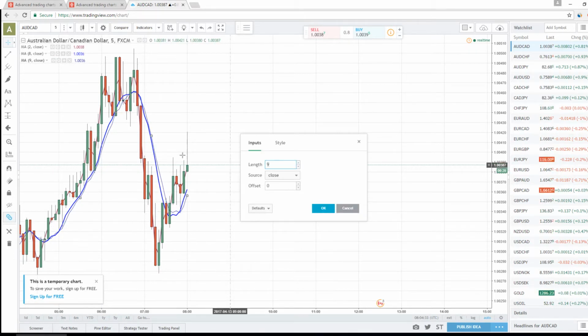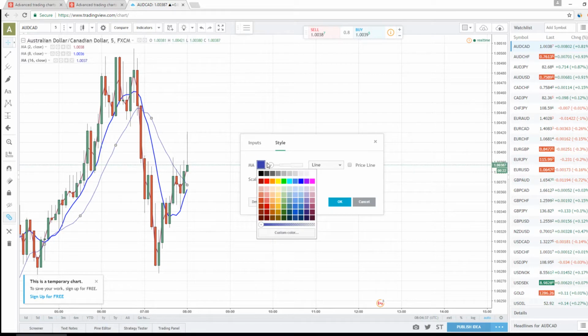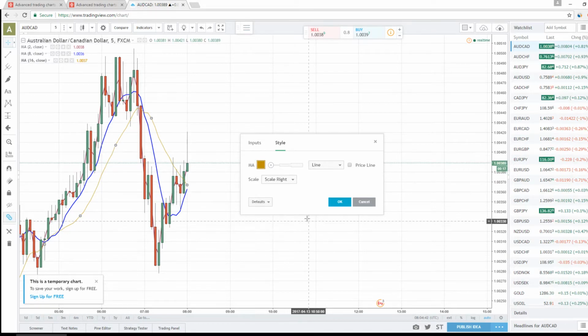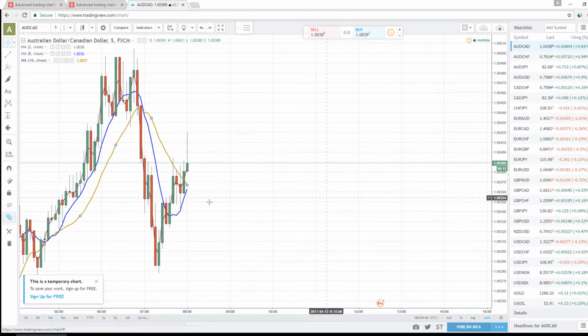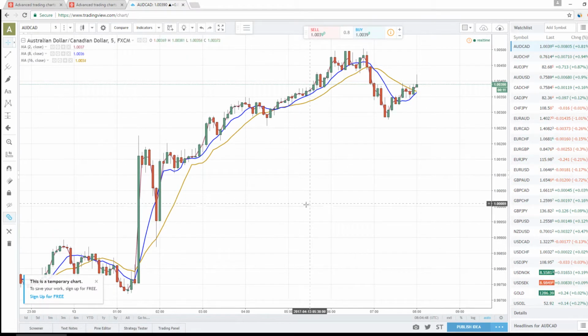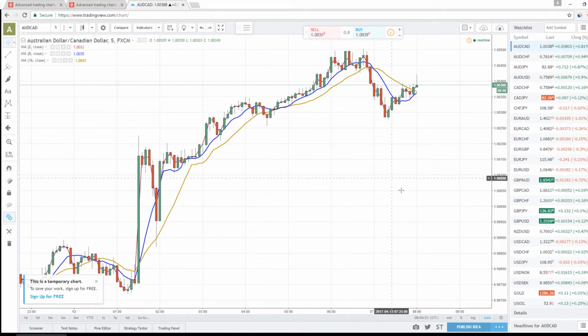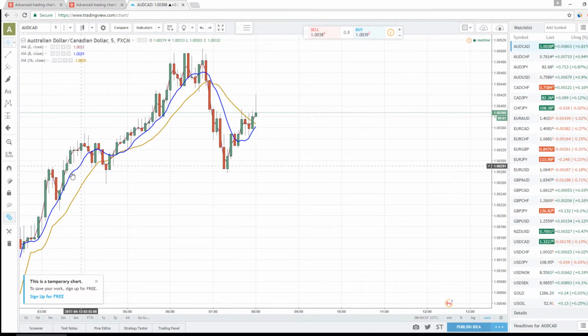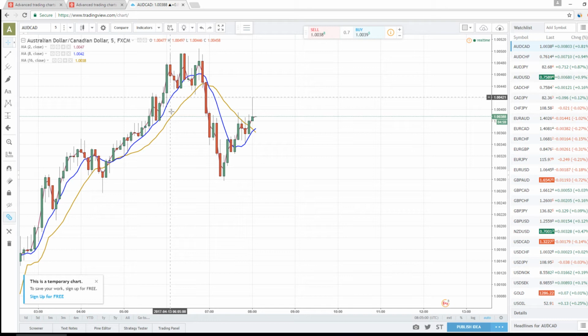And the last one, well, we use different lengths here, so that we get a more exact analysis. So right now we have 3 moving averages on the chart with different lengths: 2, 8 and 16 candles.